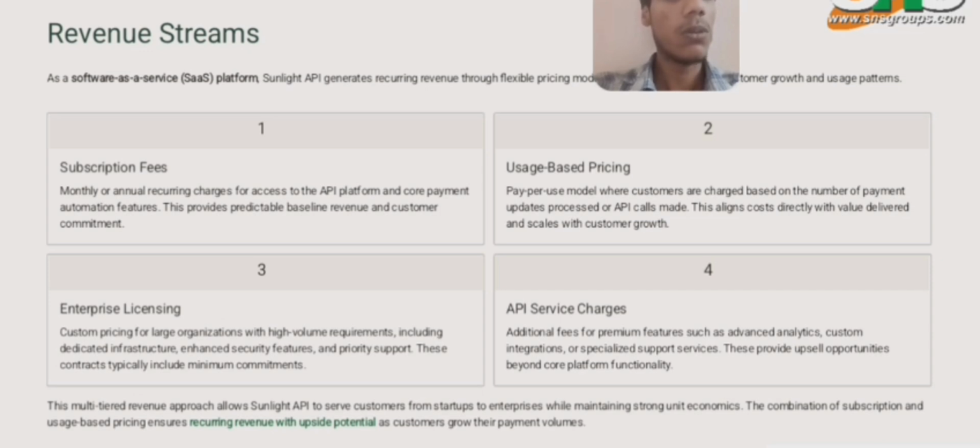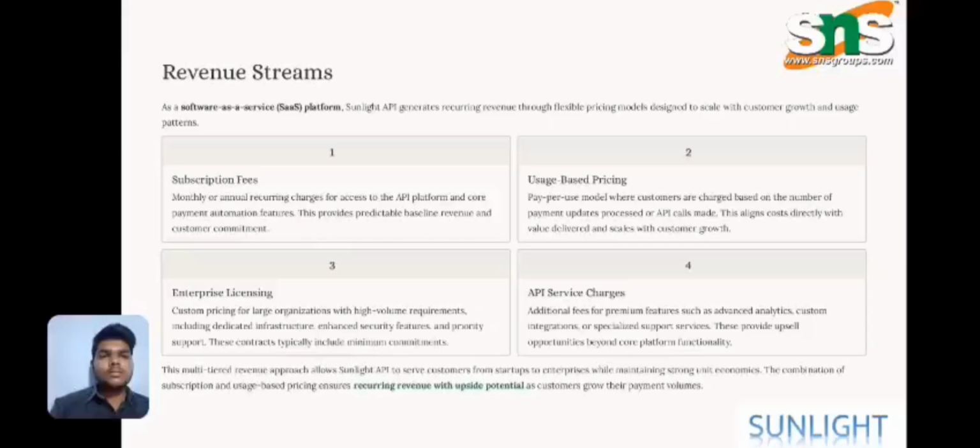A pay-per-use model where customers are charged based on the number of payment updates processed. Third, enterprise licensing. Custom pricing for large organizations with high-volume requirements and dedicated infrastructure. Fourth one, API service charges. Additional fees for features such as advanced analytics, custom.